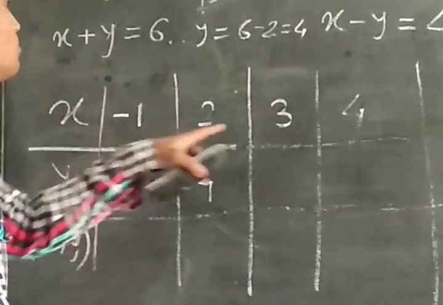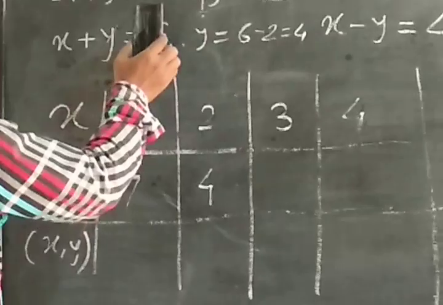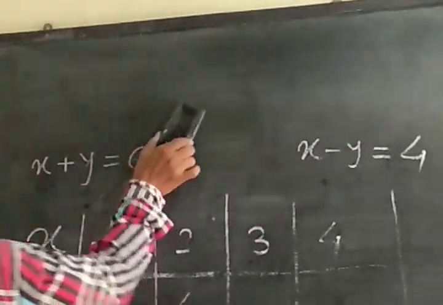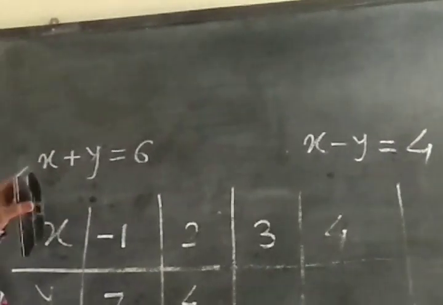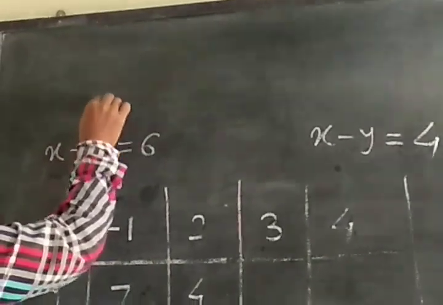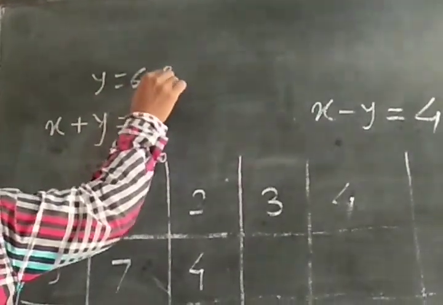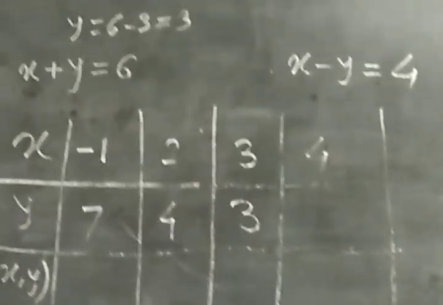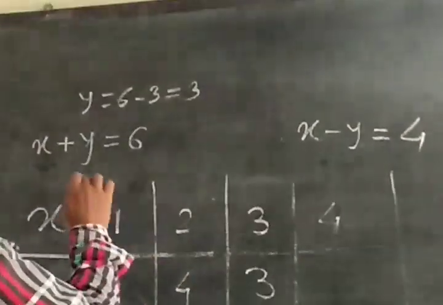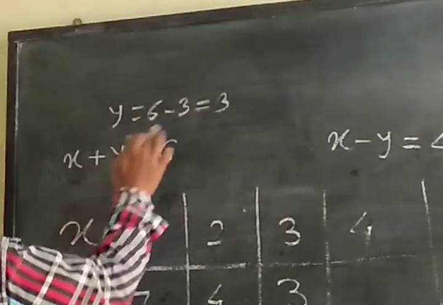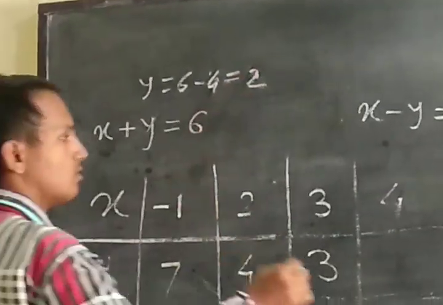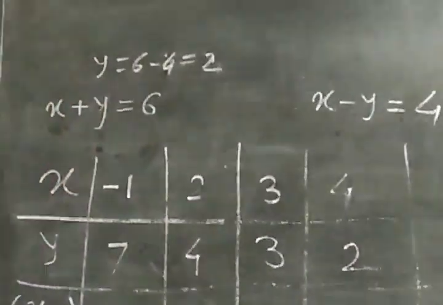Similarly, for x is equal to 3, we get y is equal to 6 minus 3, which is equal to 3. And for x is equal to 4, we get the value of y as 6 minus 4, which is equal to 2. So we get 4 points.